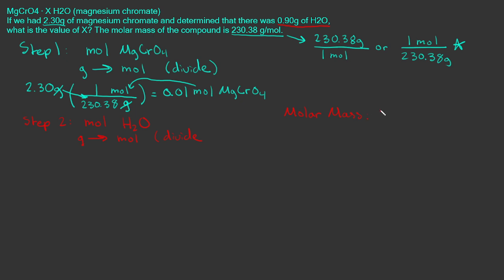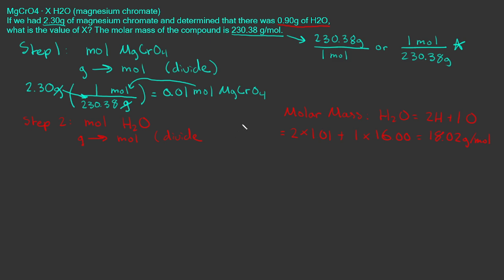That is equal to 2 H's plus 1 oxygen, so 2 times H's value, 1.01, plus 1 times oxygen's value, 16.00, which is equal to 18.02 grams per mole. If you want to memorize, this is always the molar mass of water, so you could always just know it as 18.02 grams per mole.